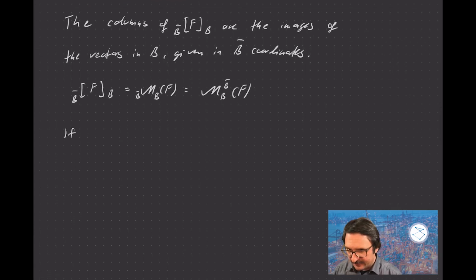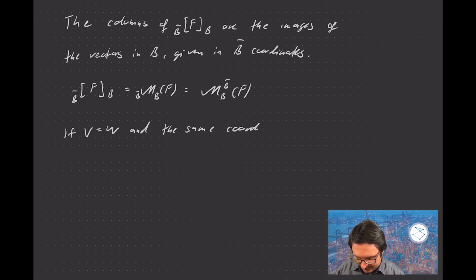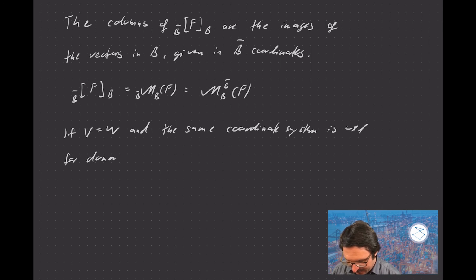So if V equals W and the same coordinate system is used for domain and codomain, we abbreviate that notation a little.